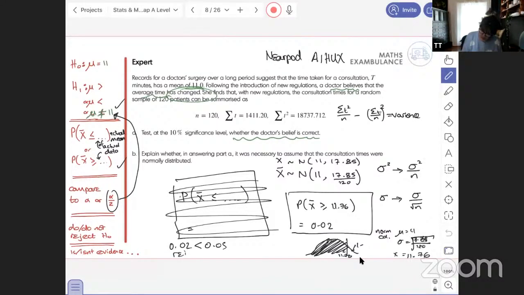So we reject H0. And then we write, where's the test? Whether or not the doctor's belief is correct. There is evidence that the average time for a consultation has changed with the new regulations. Yes. Right.